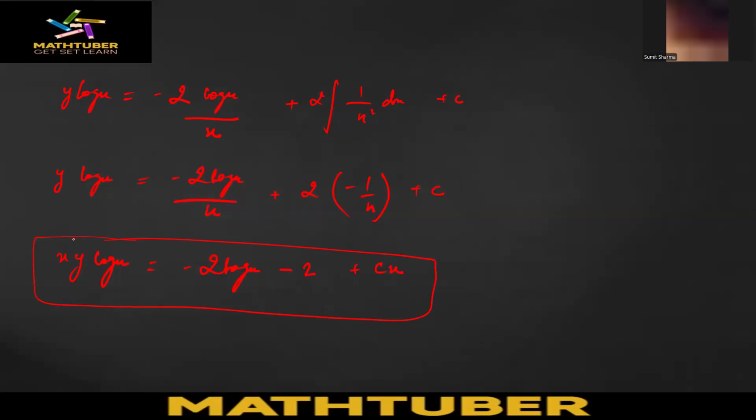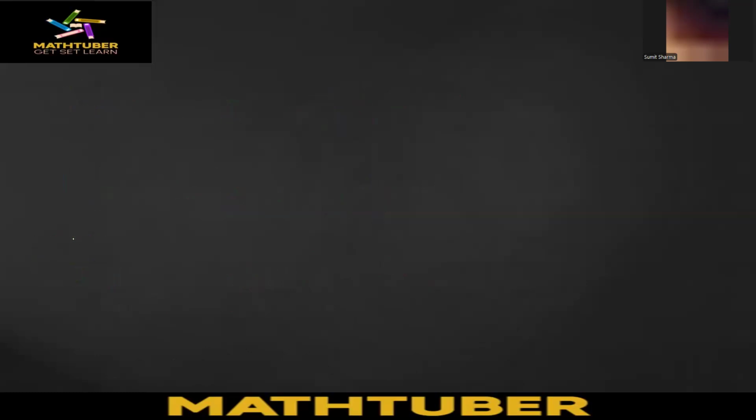So this is how we can solve the questions very easily. Now let us try a question based on dx upon dy. Most of the questions have dy by dx, but let's try the 11th question once.